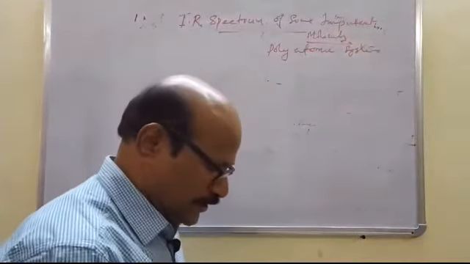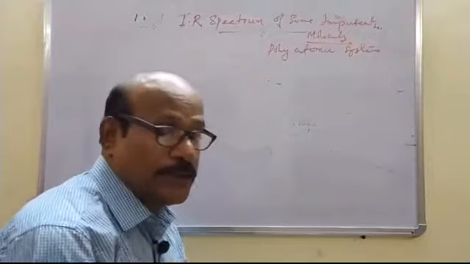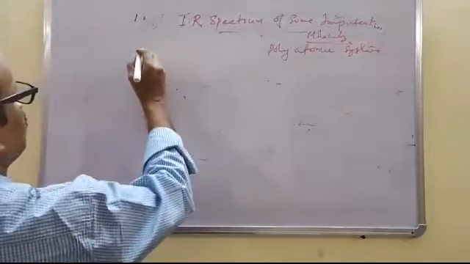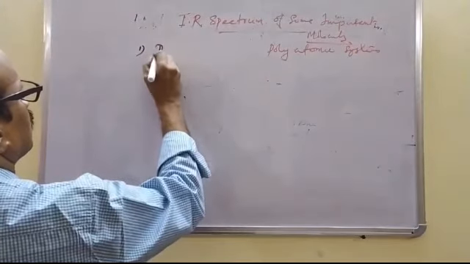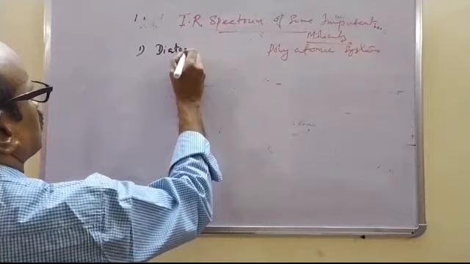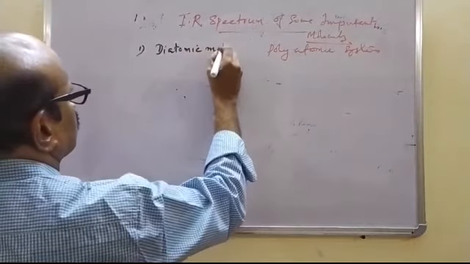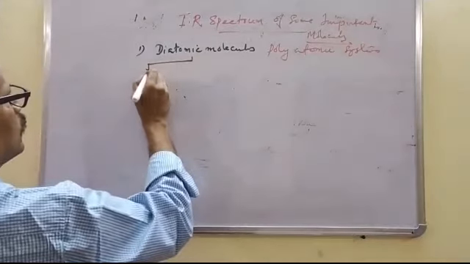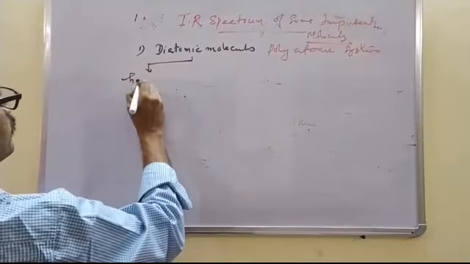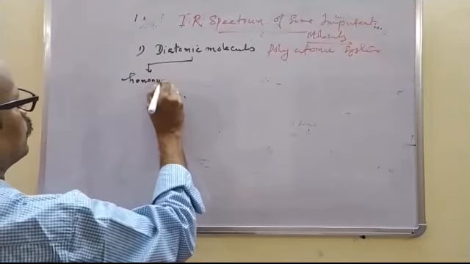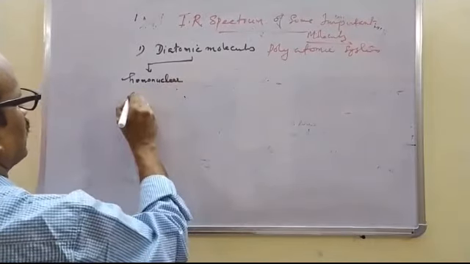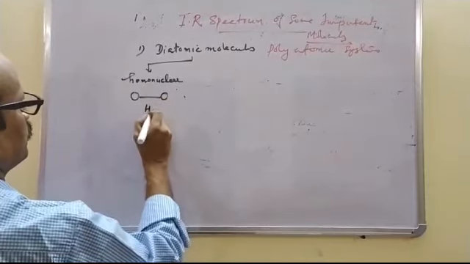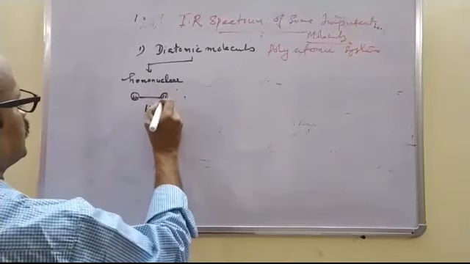In the case of diatomic molecular systems, you know that there are two different types. One is homonuclear, like H2, N2.